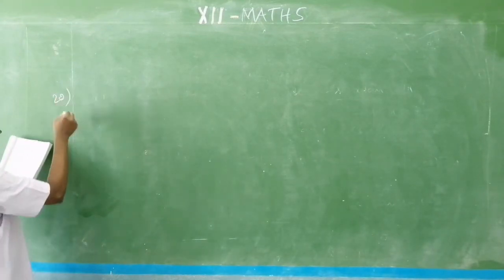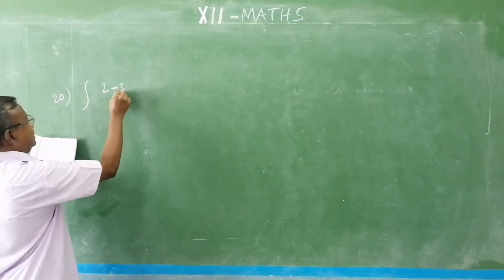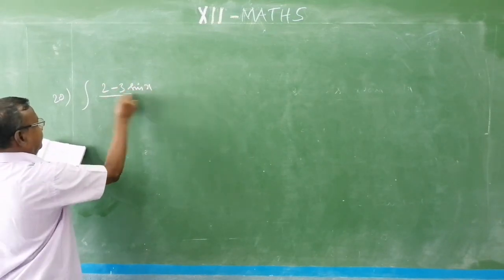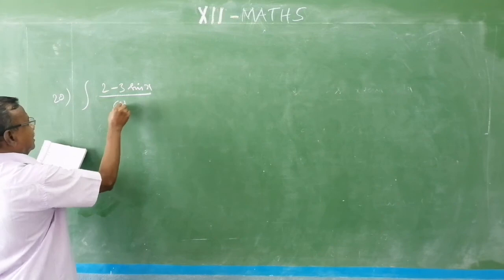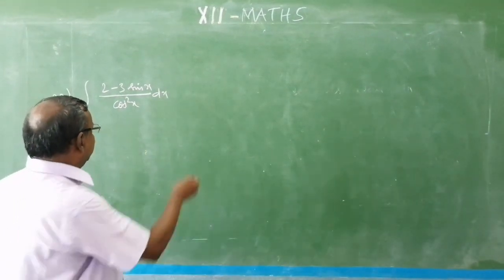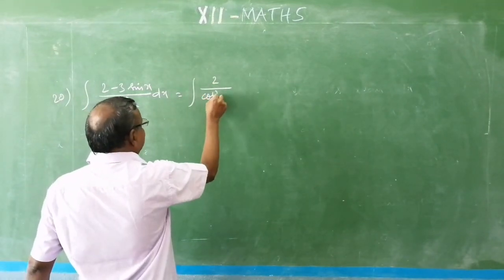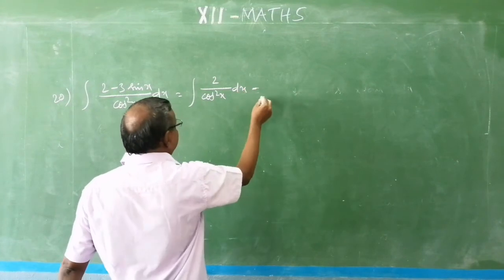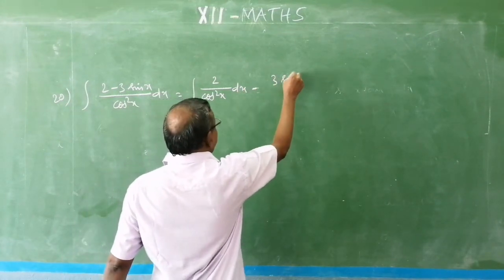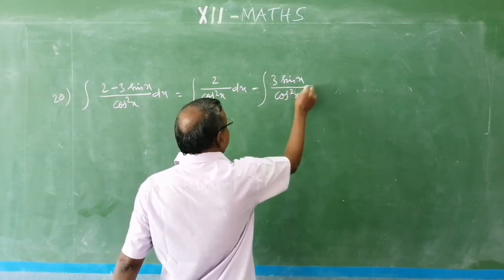Question number 20: integral 2 minus 3 sin x divided by cos square x into dx, which can be separated like this: integral 2 divided by cos square x into dx minus integral 3 sin x divided by cos square x into dx.